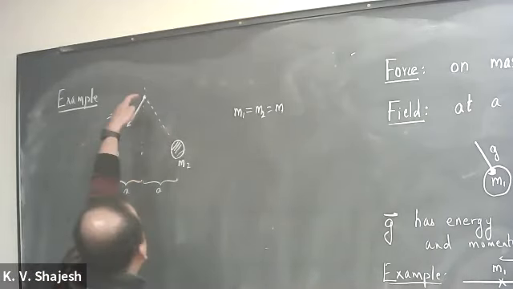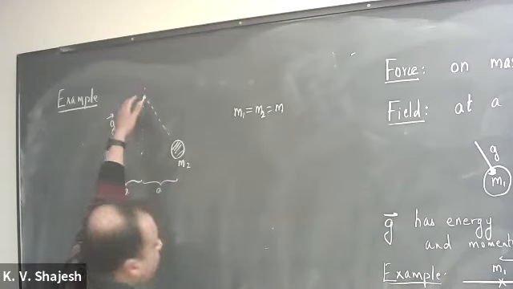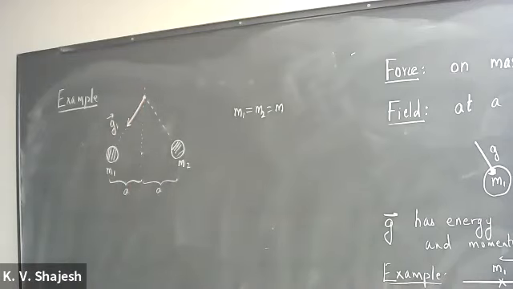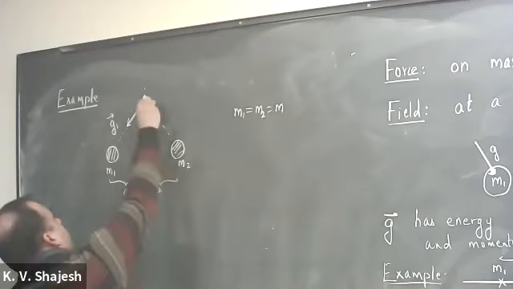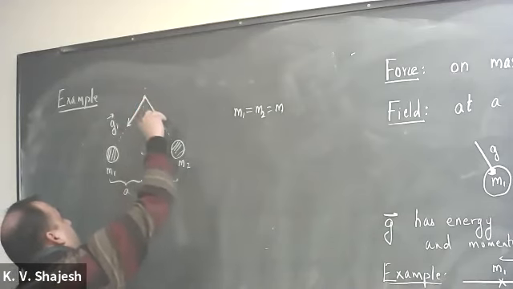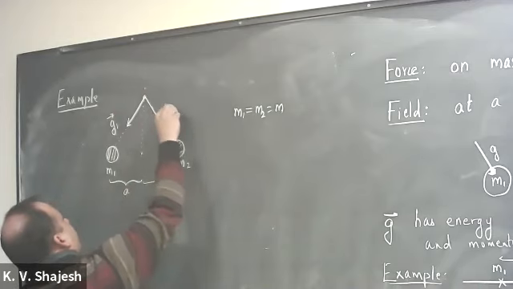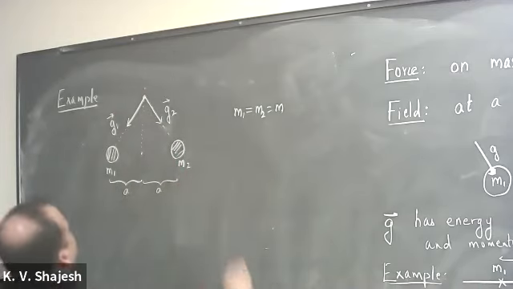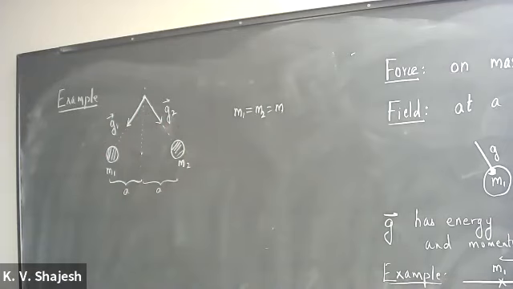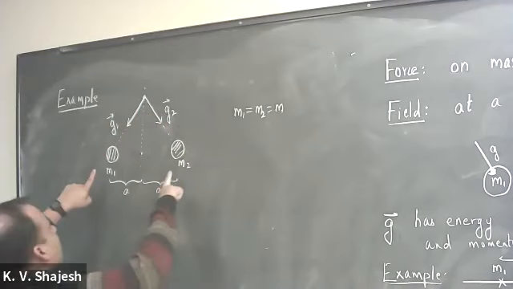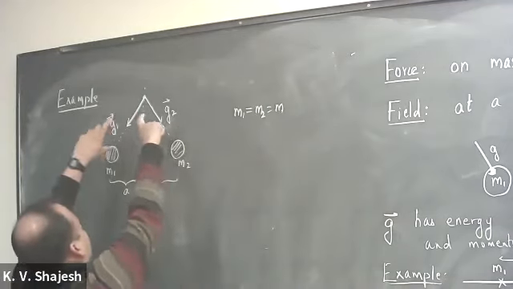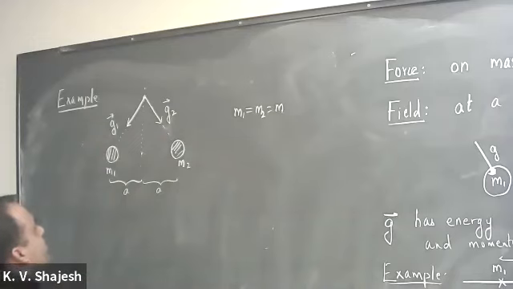M2 will also attract a hypothetical mass that you would like to keep at that space point, and that will be in this direction, and that's your G2. Clearly, its directions are different, and because they are the same masses, actually their length will be the same, but in general, they don't have to be the same.